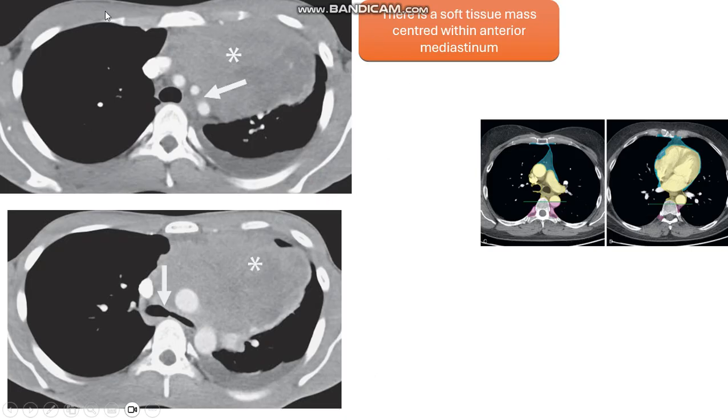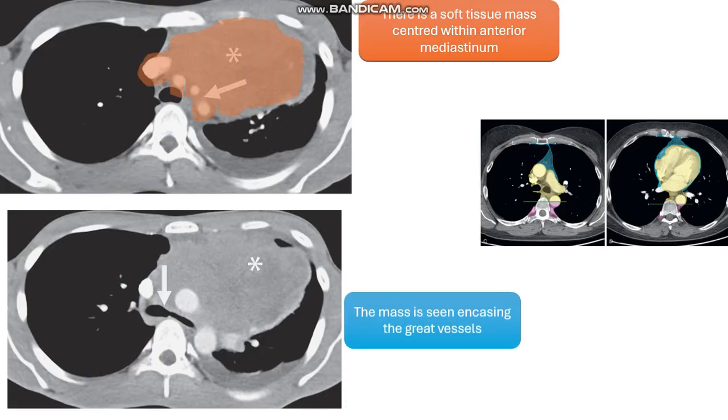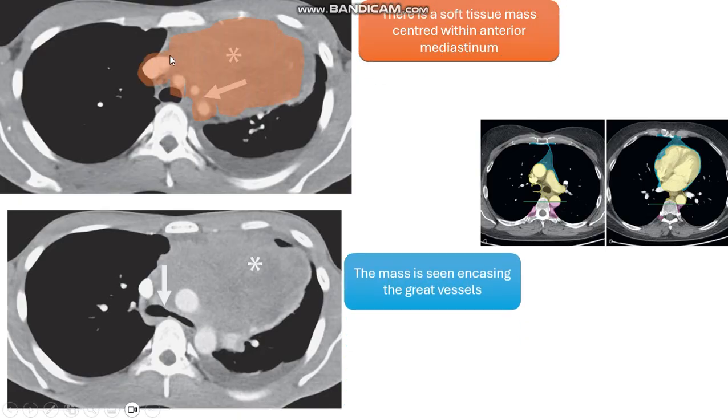So this is contrast enhanced CT scan of the same patient. There is a soft tissue mass centered within the anterior mediastinal mass because it is seen filling the retrosternal space. So it is centered on the anterior mediastinal mass. Can you see this?